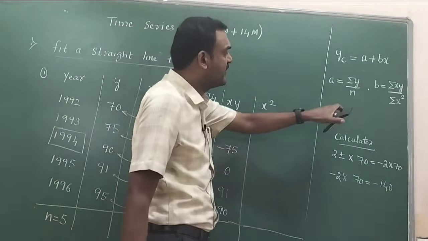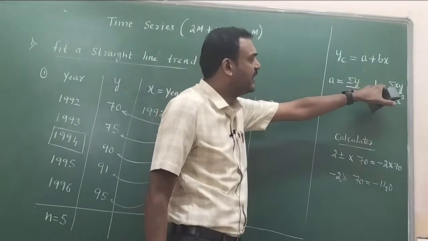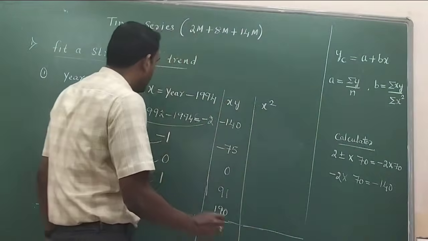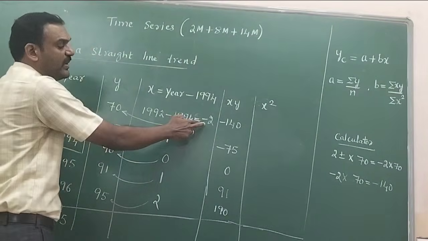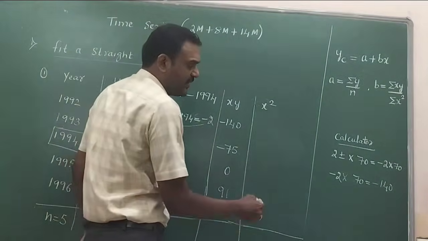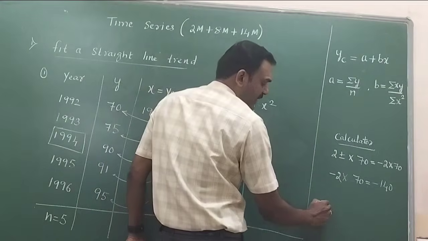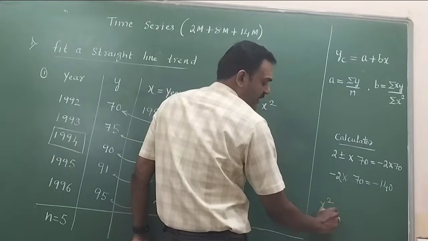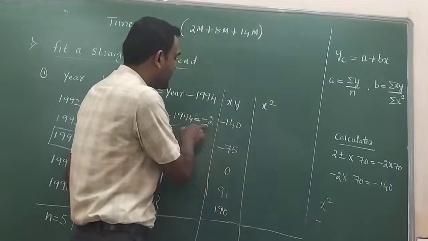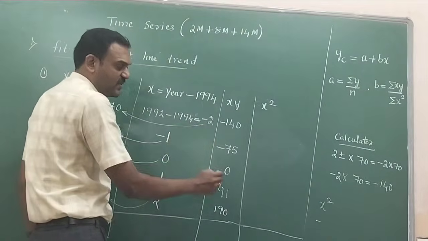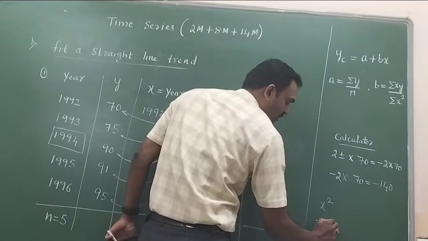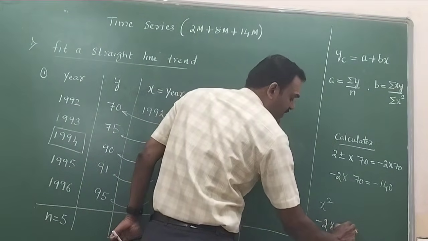See, this is y, xy, x square. Square means multiply minus 2 by twice. Now how to do it on the calculator: x square means minus 2. First value of x is minus 2. Minus 2 into minus 2, plus.